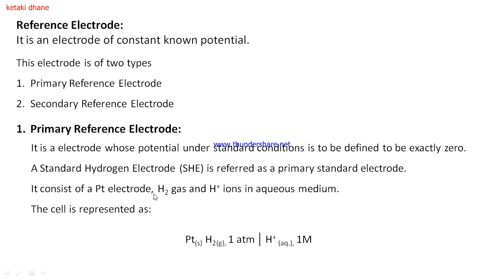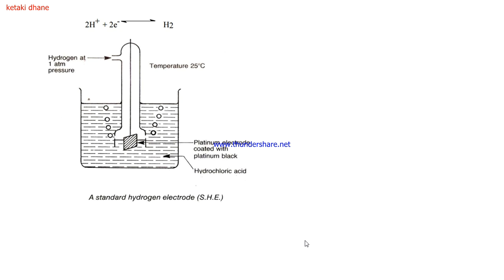It consists of a platinum electrode, hydrogen gas, and hydrogen ions in the aqueous solution. So when we denote the cell, this is a platinum wire which is dipped in the hydrogen, against the pressure of 1 atmosphere, and this is the hydrogen ion concentration.